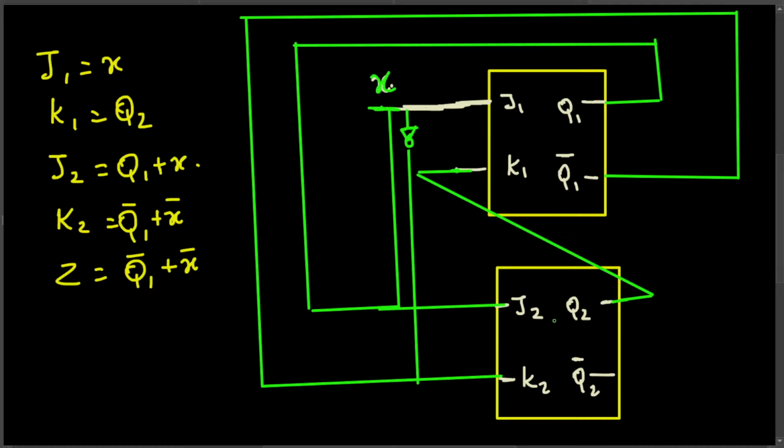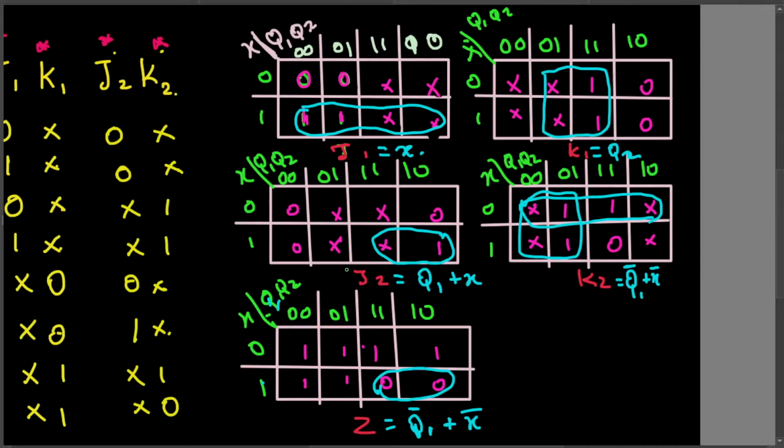And the output, you know what, I have to do one thing here. And J2 expression, let me double check this J2 expression. We have Q1 and X. This is an AND gate, so this one is multiplication.